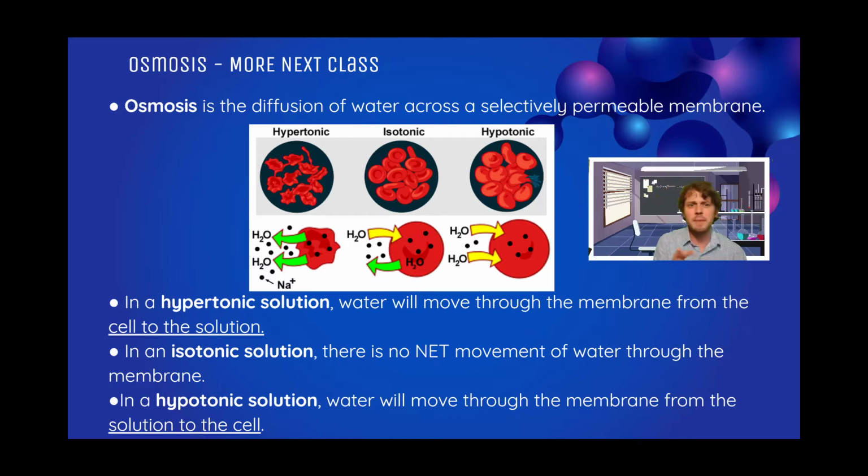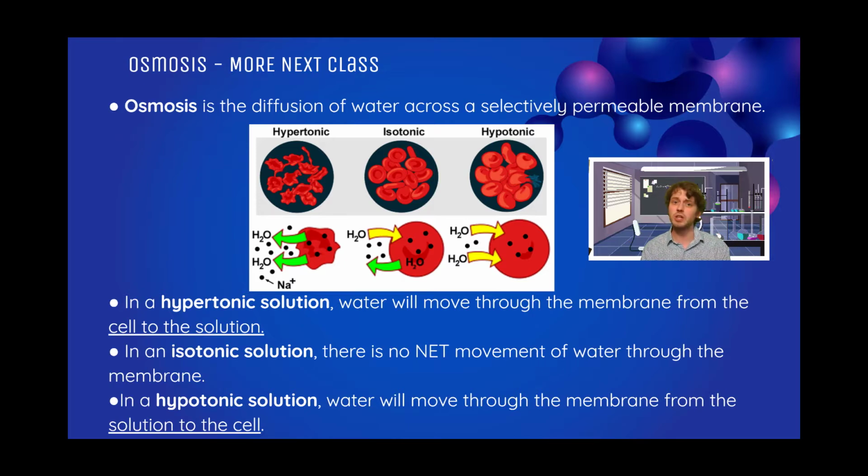All right, so let's talk about three different types of solutions: hypertonic, isotonic, and hypotonic, okay? I'm not really going to go into the reasons behind these because that should happen next class. But I am going to talk about what basically happens in each solution.